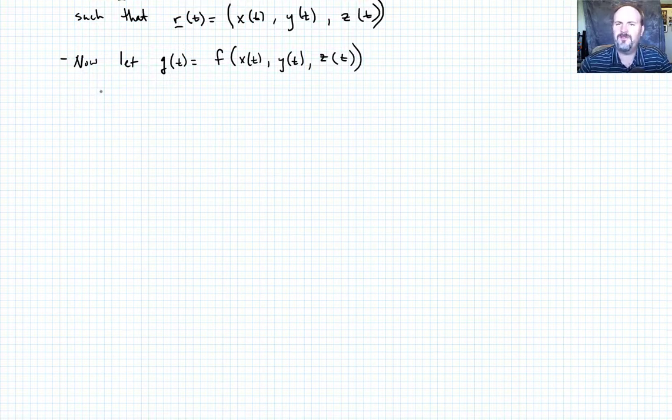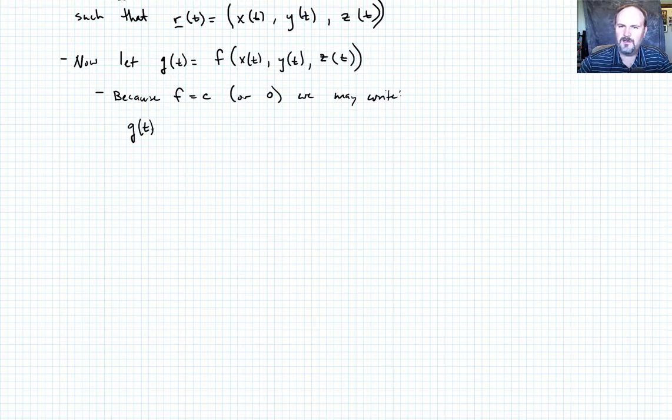Because we know what f is, because f is going to be equal to c, or 0 in our case, we may write the following, that g of t is going to be equal to c. Let's make that still be consistent. This is not specific to that value having to be 0.